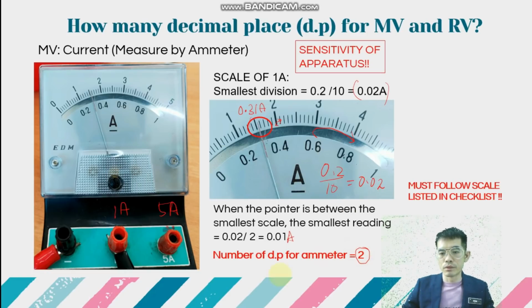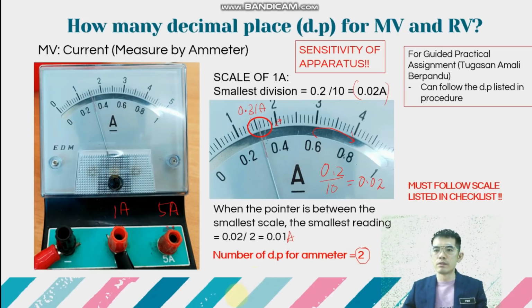However, this question is considered a guided practical assignment, and the readings of the manipulated variable are already given, which are 0.2, 0.3, 0.4, 0.5 and 0.6. Since these are provided, we can just follow the decimal place listed in the procedure.